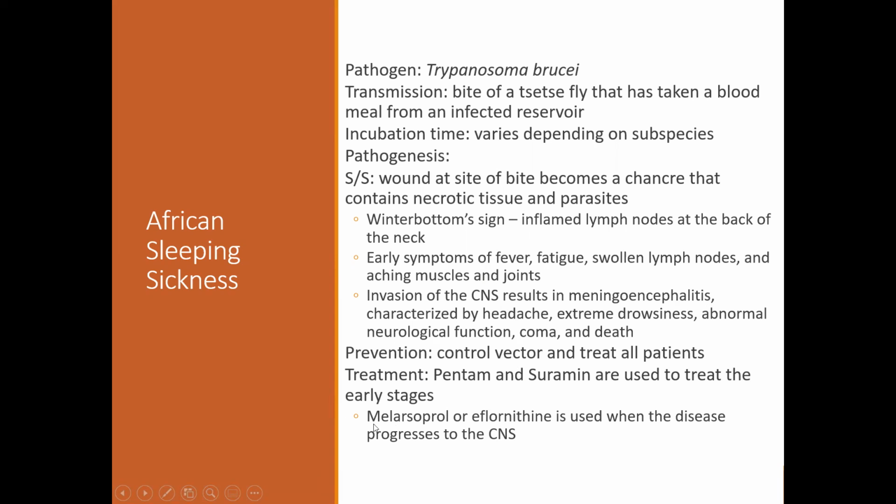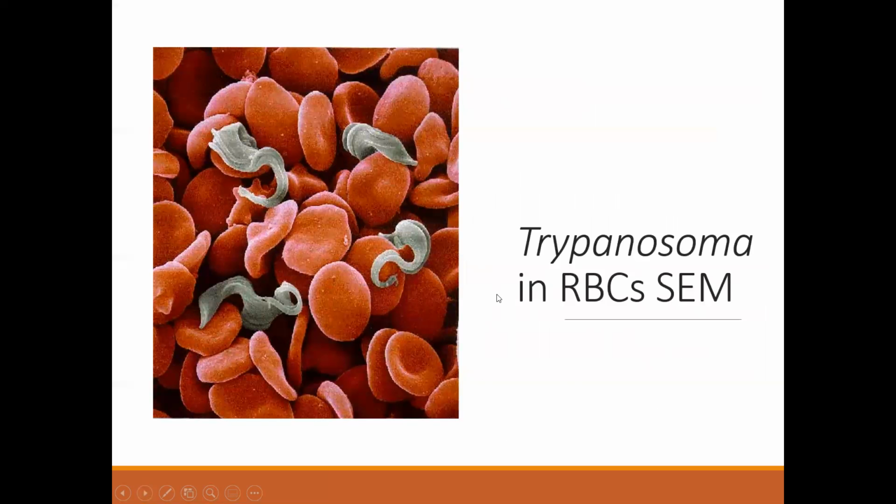Now, before the central nervous system is involved, pentamidine and suramin can be used for treatment. But once the central nervous system is involved, have to go to some pretty hefty drugs here. It's pretty much always fatal without treatment. Here's a scanning electron micrograph of blood.